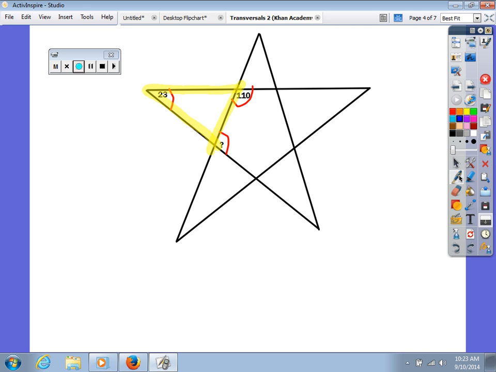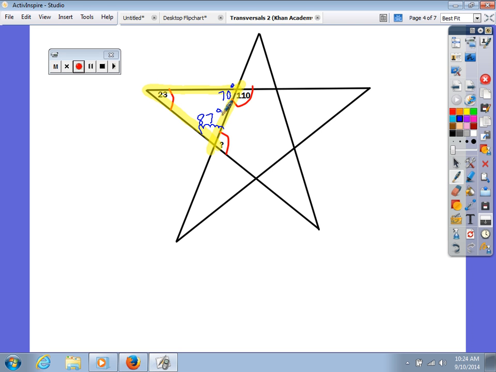How can I determine what the adjacent angle is right here next to 110? Very good. And what is 180 minus 110? 70 degrees. Okay? And then what are we going to do in order to figure out what this angle is? Very good. Subtract it from 180. And you're going to get 87 degrees.